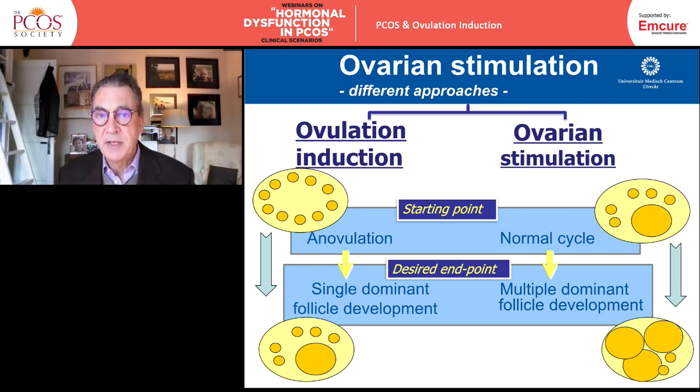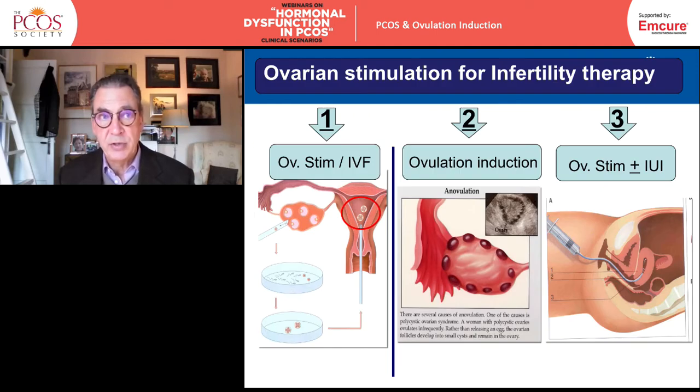And that terminology has changed. Now the other form is referred to as ovarian stimulation. There, usually these women have normal menstrual cycles, so they do ovulate. So with ovarian stimulation, the aim is to intervene with mono-ovulation to induce multiple ovulation. And why do we do this, and under which circumstances? This is another way of looking at this.